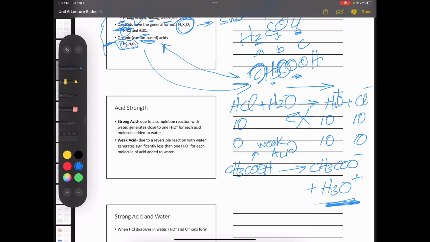So let's say, for example, that I've added 10 molecules of acetic acid. At the end of my reaction, I would still have 9 acetic acid that did not dissociate, and you have 1 acetate and 1 hydronium ion.